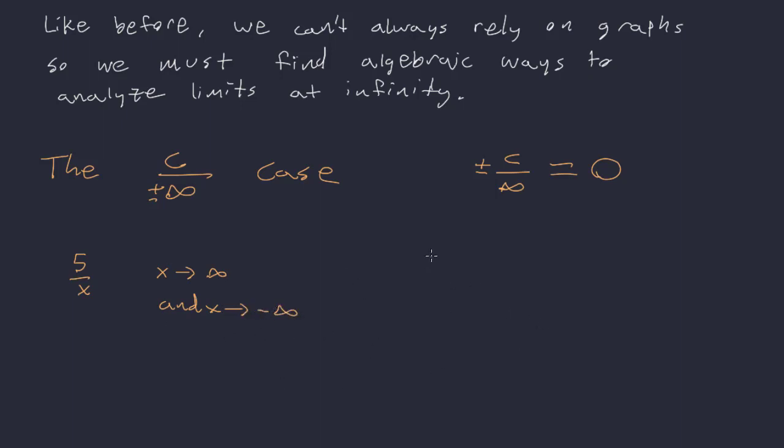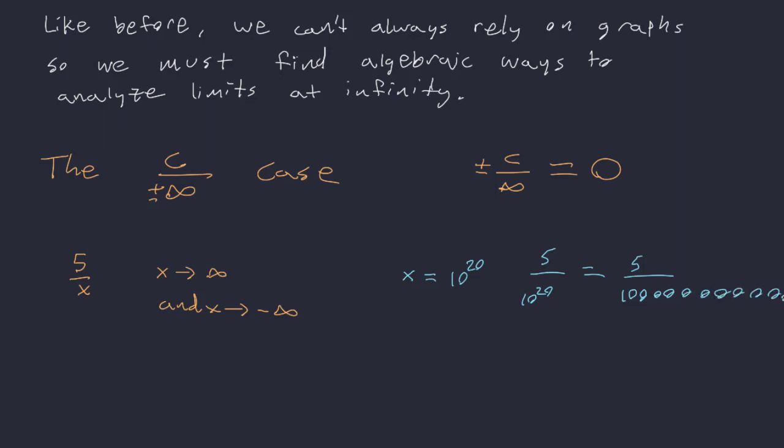Okay, well, if x is, say, 10 to the 20th power, right? 5 over that is going to be 5 over 1 with 20 zeros.